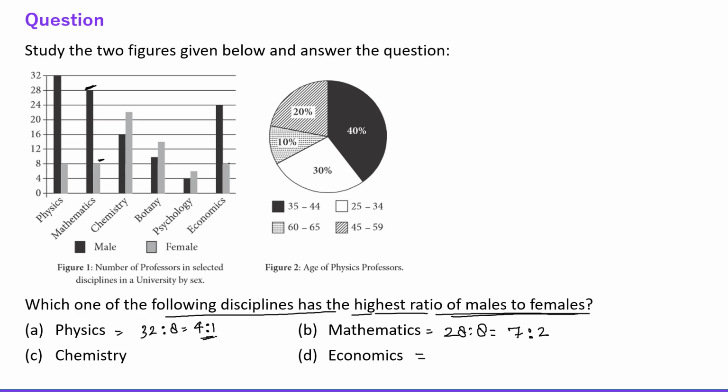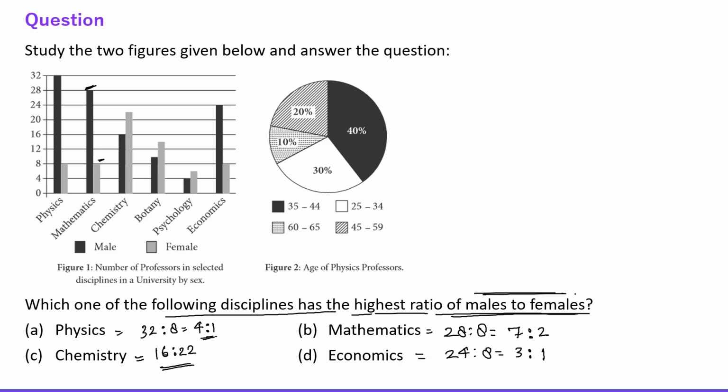Economics 24 and 8. 24:8 is 3:1. Okay. And chemistry. Chemistry, less males and more females. So 16:22. Right. See everyone, the question is saying males to female ratio we need to find, right?